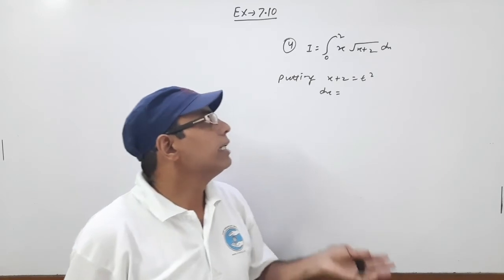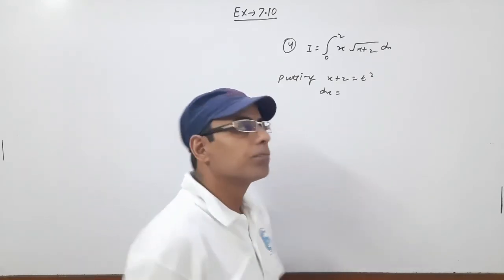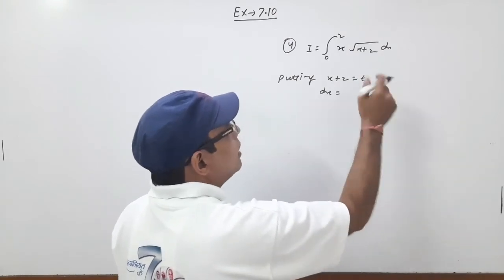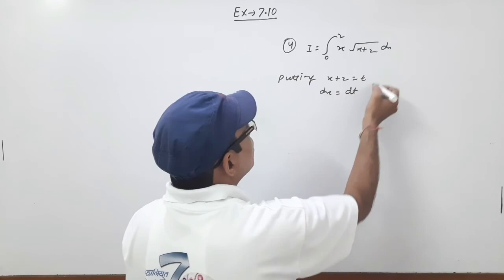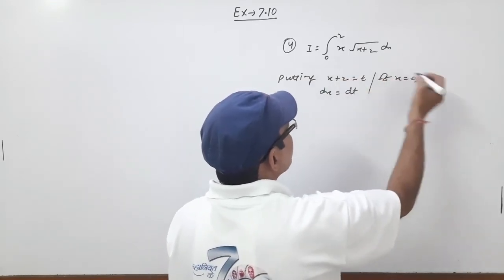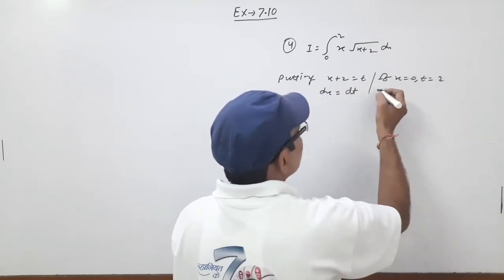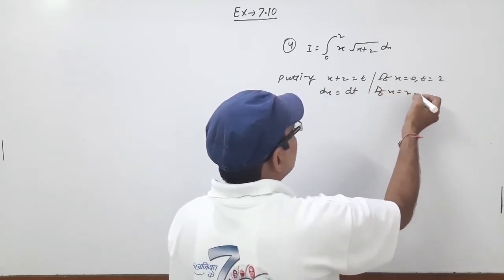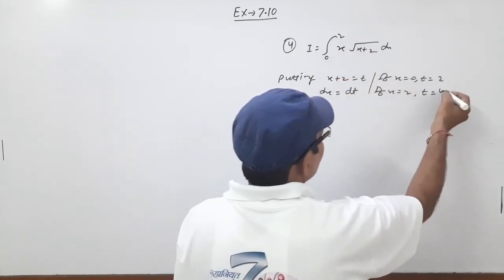It's our choice. We can put x plus 2 equal to t square or t, children, either is fine, so let us take t, no problem. So dx equals dt, by changing limit. If x equal to 0, then t equal to 0 plus 2 equal to 2. If x equal to 2, then t equal to 2 plus 2 equal to 4.